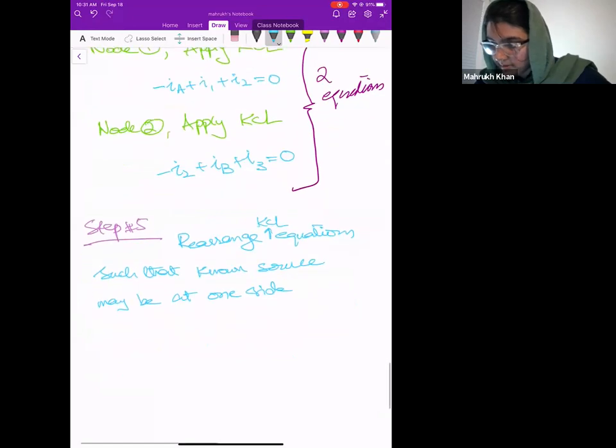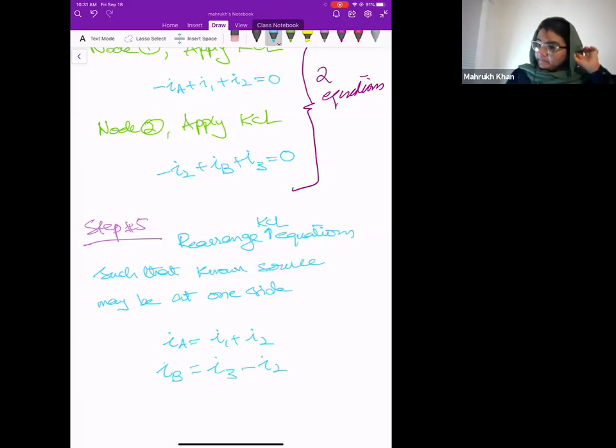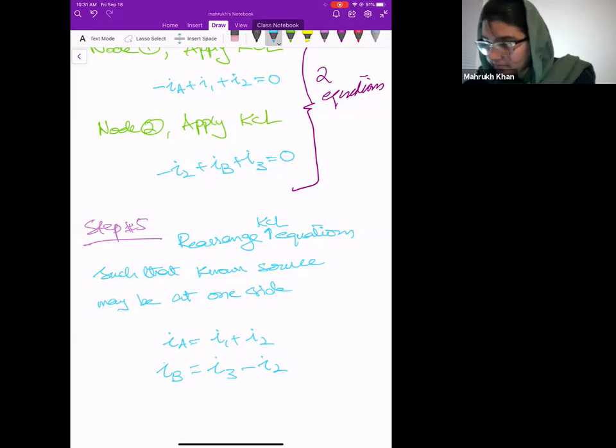So my equations will be IA equals I1 plus I2, and IB equals I3 minus I2. Or am I wrong about that? It should be I2 minus I3. Right?